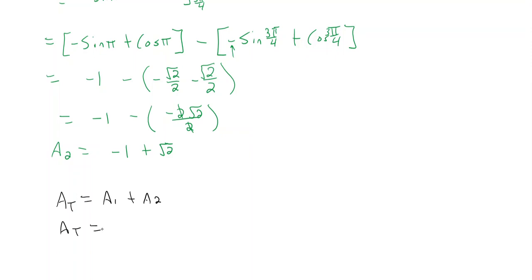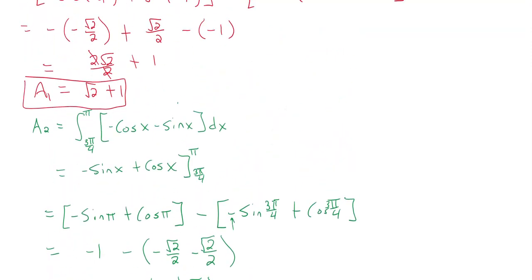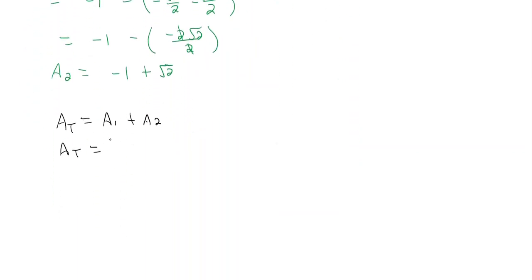Area 1, if you remember, was root 2 plus 1, and then plus my area 2, which was negative 1 plus root 2. We see that our 1's cancel, and we just have root 2 plus root 2. So our total area here would just be 2 root 2.